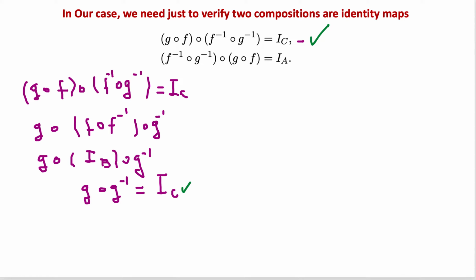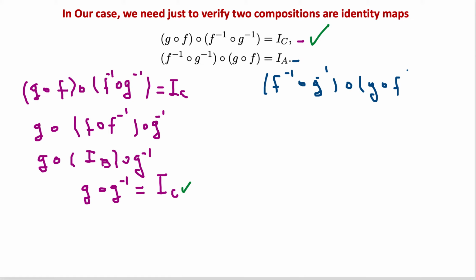Now let's try to see the second identity map. We have the inverse function of f, composition with the inverse function of g, composition of g, function g composition with function f.